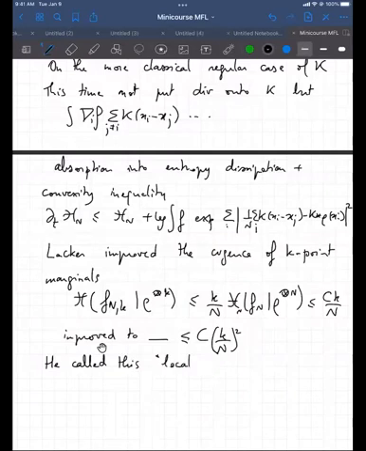Local in the sense that it's the estimate you get when you only look at a few particles at a time, right? You want to look at k particles, so 1, 2, 3 particles, and you don't try to understand what's happening with all the particles at the same time.